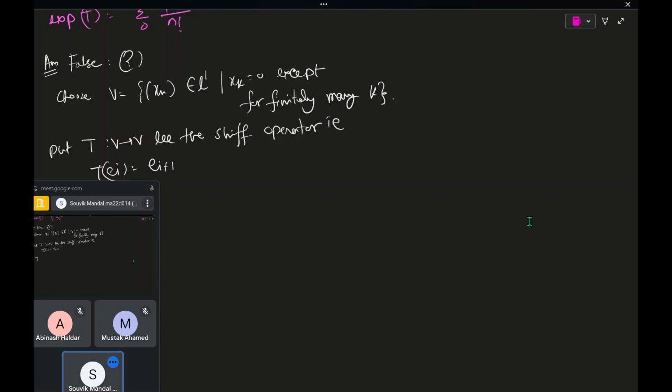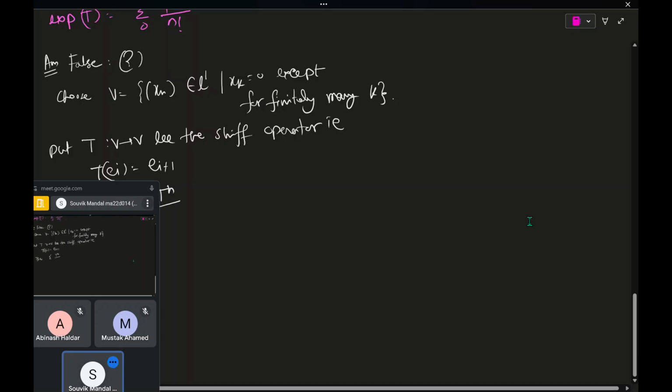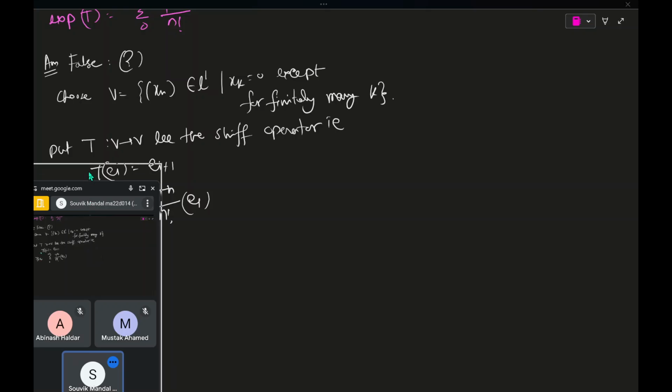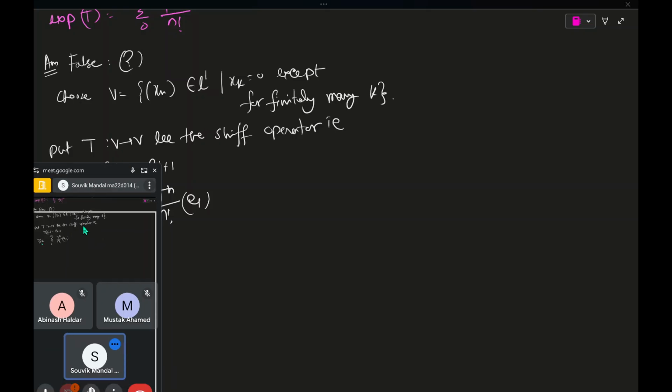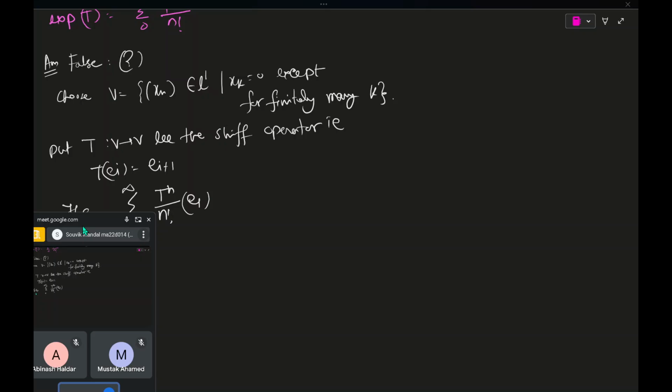Then T to the power n by factorial n applied to E1, this thing does not make sense in V.